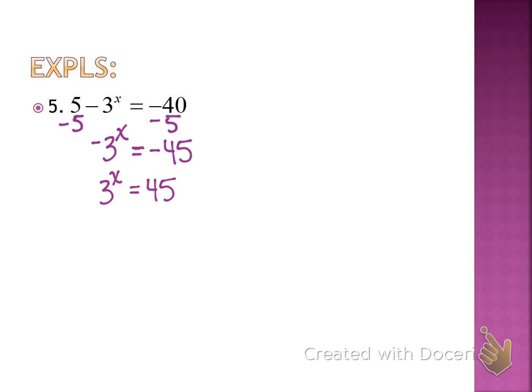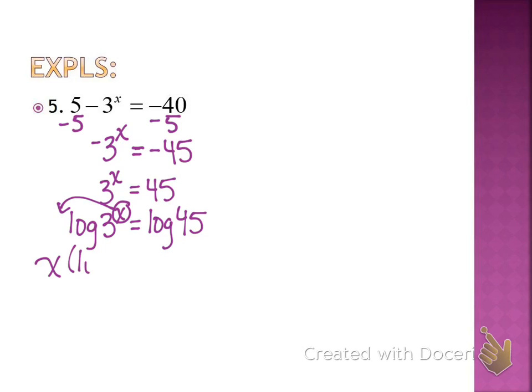So now it's like the first few problems we did. What am I going to do on both sides? Log base 10 on both sides. And then we'll have to move our exponent out. Use that power property. So x comes out in front of the log 3.